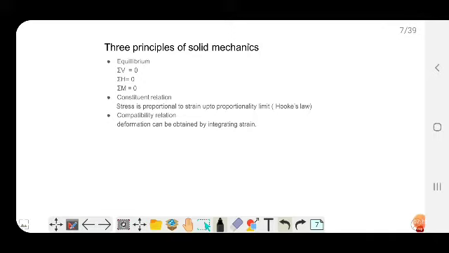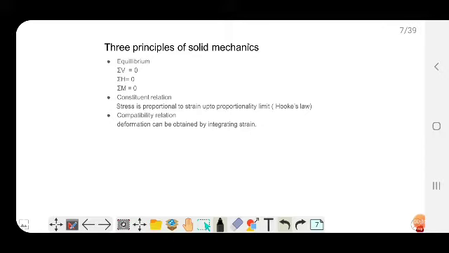So what is mechanics of structures? The deformation due to some forces, we are taking a study of that, and such problems are dealt using 3 principles. First principle is equilibrium. Sigma V equal to 0, sigma H equal to 0, sigma M equal to 0.